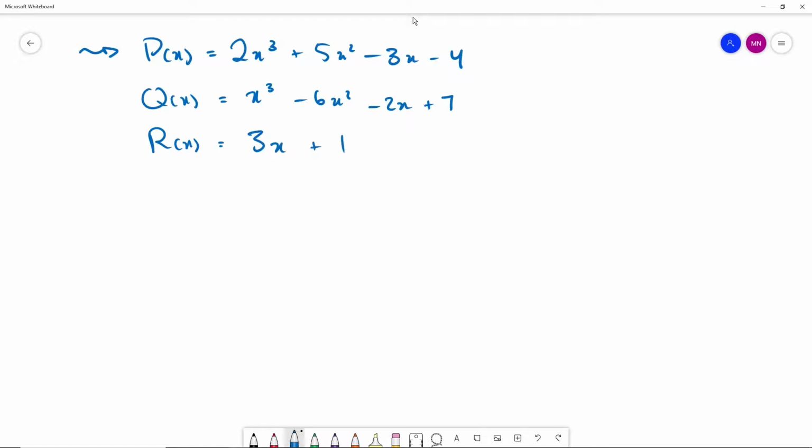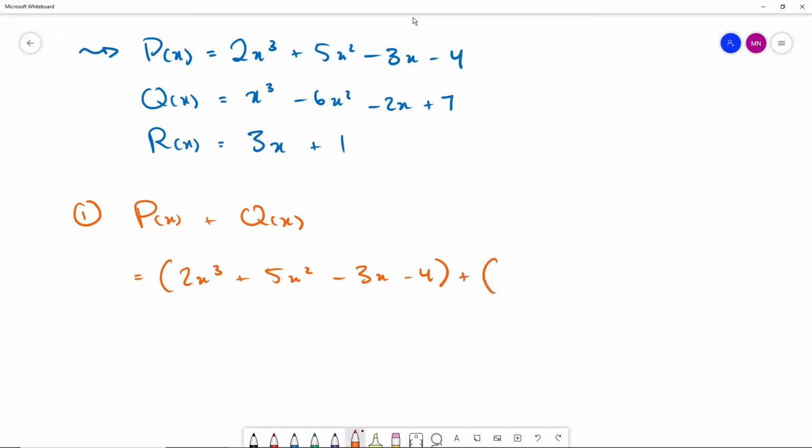So R(x) is 3x plus 1. Okay, our first example, an easy one, is to perform addition for polynomials: P(x) plus Q(x). P(x) is 2x to the power of 3 plus 5x squared minus 3x minus 4, plus Q(x), which is x cubed minus 6x squared minus 2x plus 7.